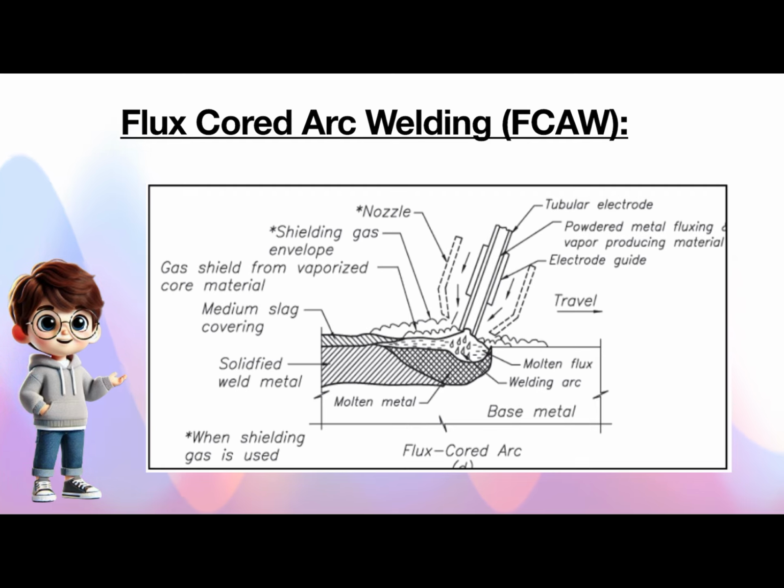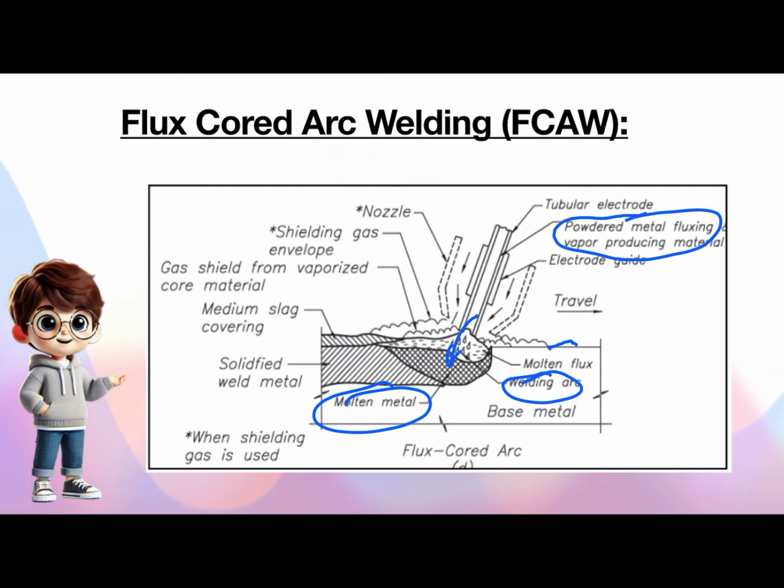When this electrode touches the base metal, it will form a welding arc and melt the base metal and electrode as well. Then molten weld metal will be formed. And this flux, which is at the center of the electrode, will mix up with the weld metal and remove all the impurities, forming a slag over the welded joint. That is how flux cored arc welding works.